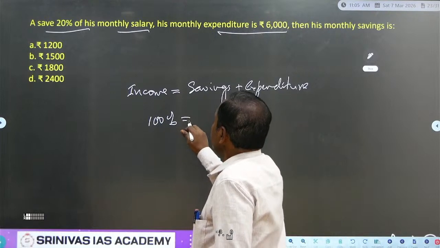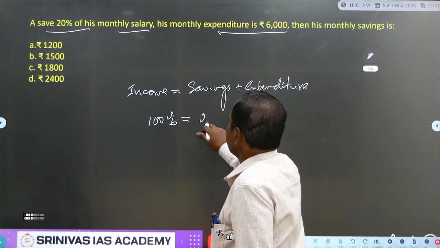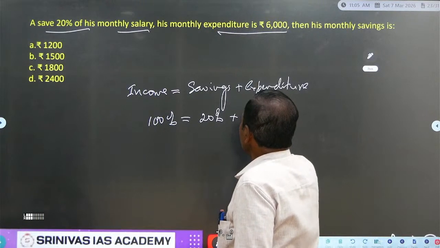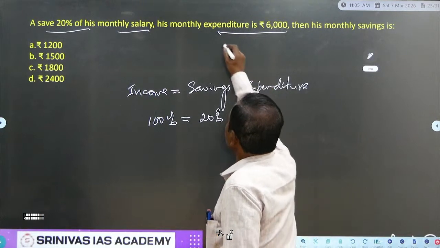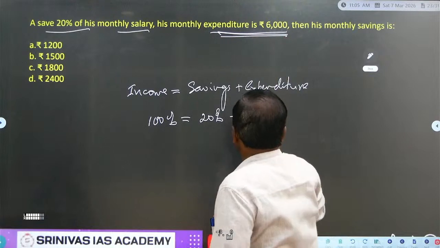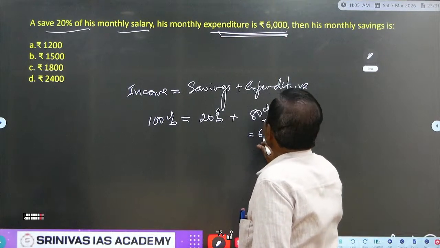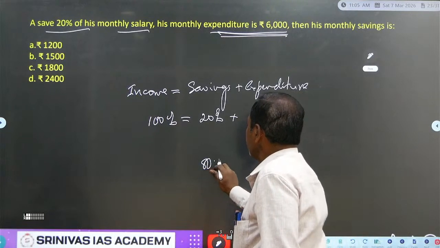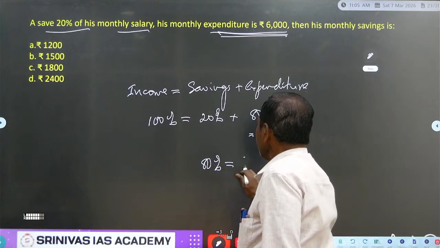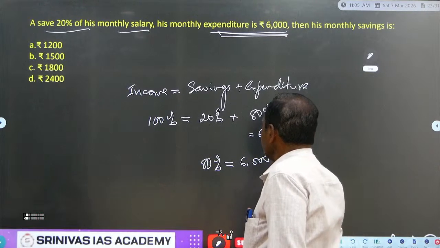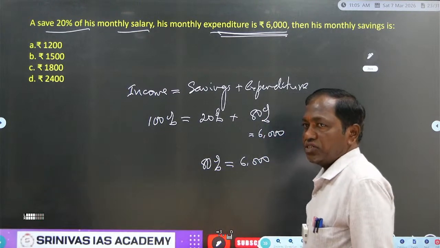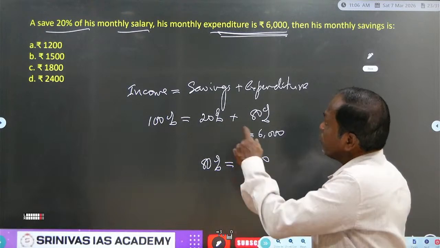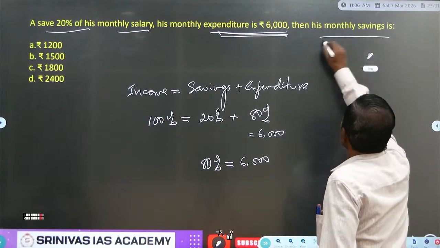Income is equal to 100%. Savings is 20%, plus expenditure is 80%. But 80% expenditure is equal to 6,000. So 80% equals 6,000. LHS equals RHS. The original salary will be known. But actually what is asked is the monthly savings.